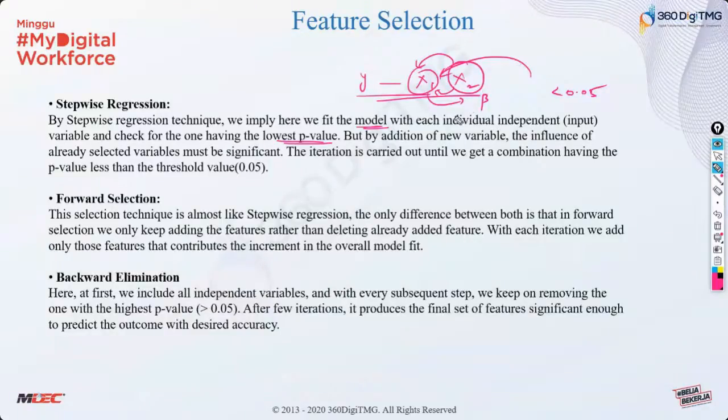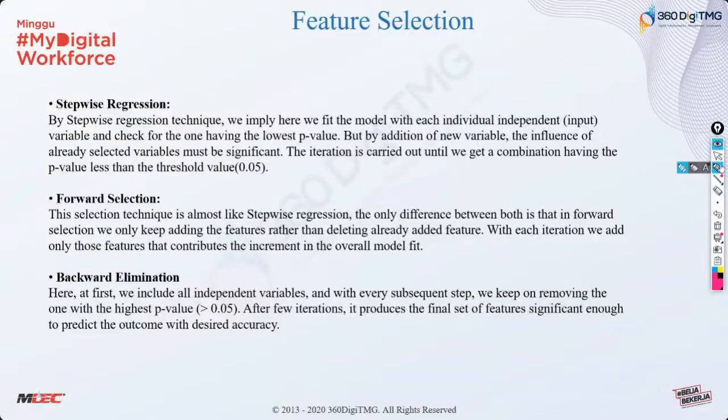But if your p-value is significant, meaning it is less than 0.05, then we keep those variables. We repeat this for all the variables and pick the best model. Now forward selection is just like this.